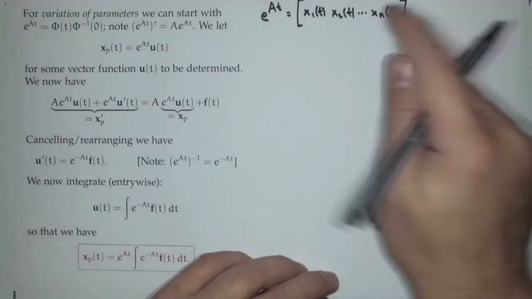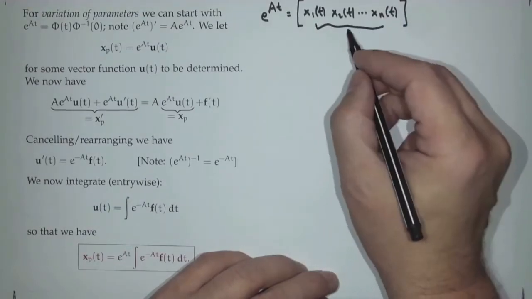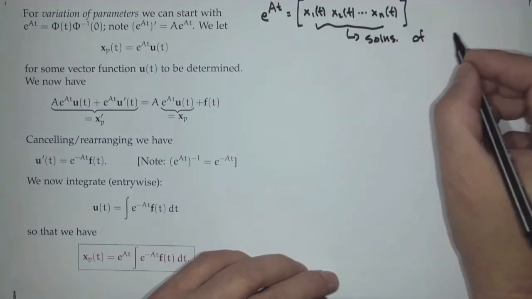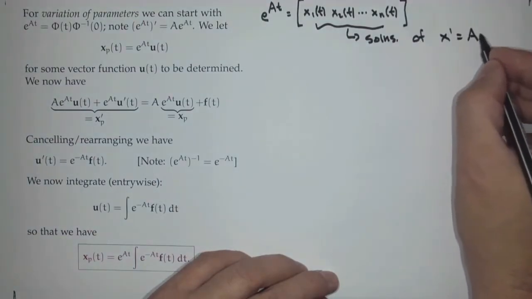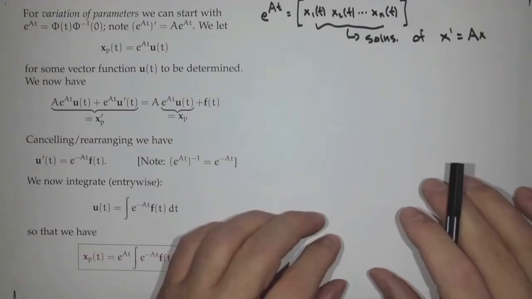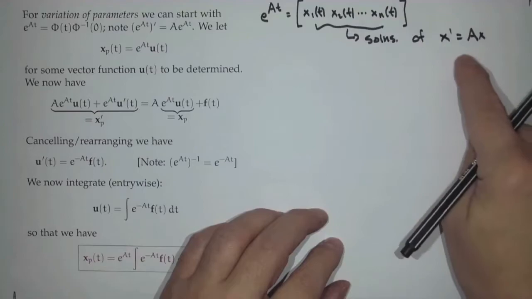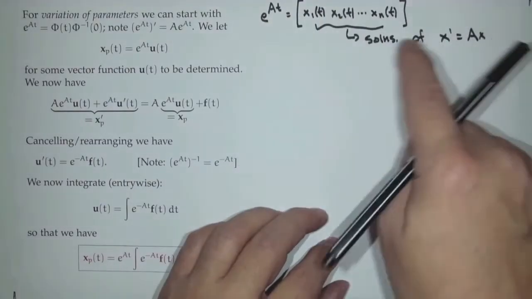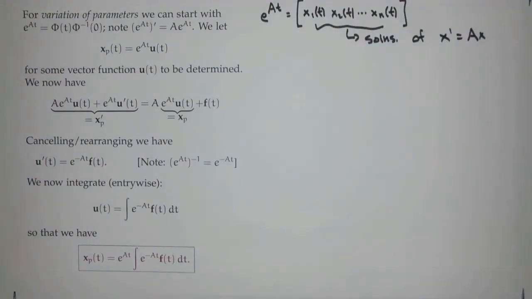And these columns are the solutions of x prime equals Ax. And that's what we got out of e to the At. So it's how we can find our solutions to x prime equals Ax. In other words, this is like the homogeneous part. So that's why we care about e to the At, it's storing the homogeneous solutions.